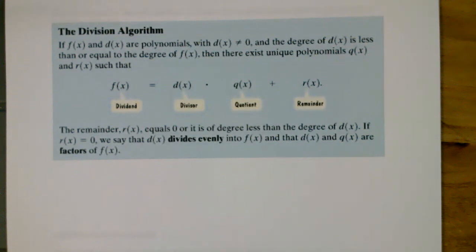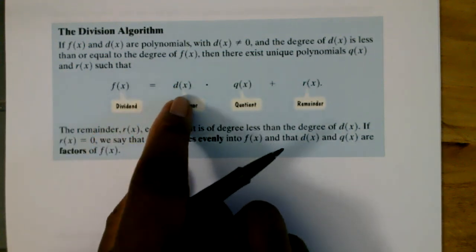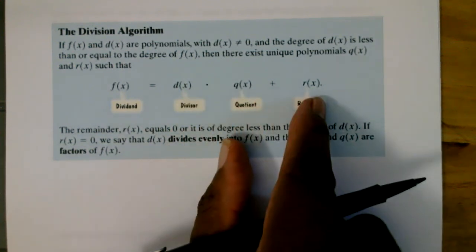It says here if f of x and d of x are polynomials with d of x not equal to 0 and the degree of d of x is less than or equal to the degree of f of x, then there exist unique polynomials q of x and r of x such that f of x will be equal to d of x times q of x plus r of x.